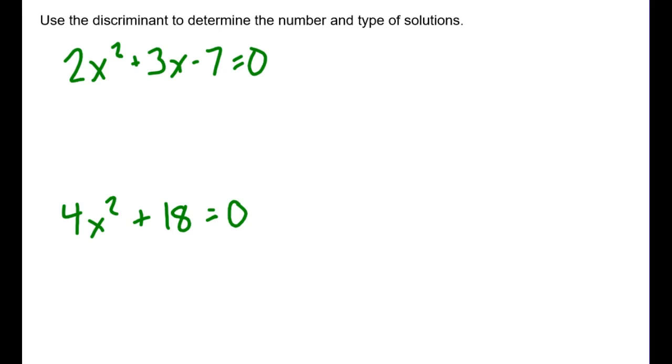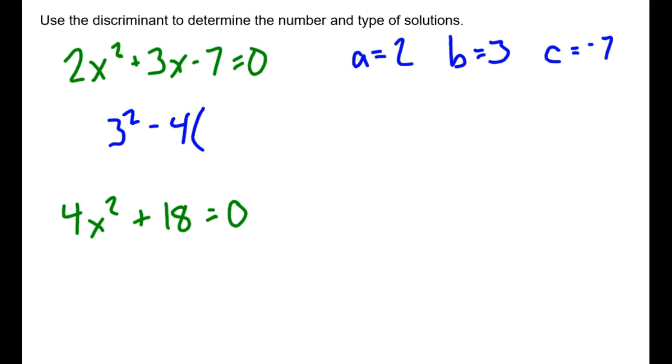Now we're going to use the discriminant to determine the number and type of solutions. In the first example, we have 2x squared plus 3x minus 7 equals 0. Identify what the a, b, and c values are. A is equal to 2, b is equal to 3, and c is equal to -7. Now we plug these values into the discriminant, b squared minus 4ac. So we have 3 squared minus 4 times the a value, which is 2, times the c value, which is -7.